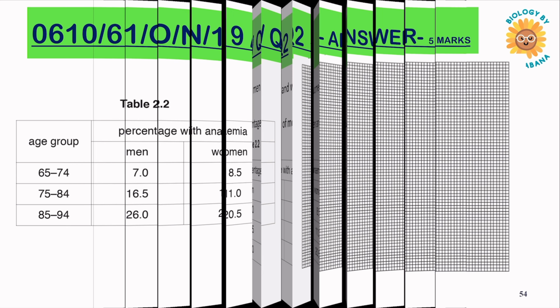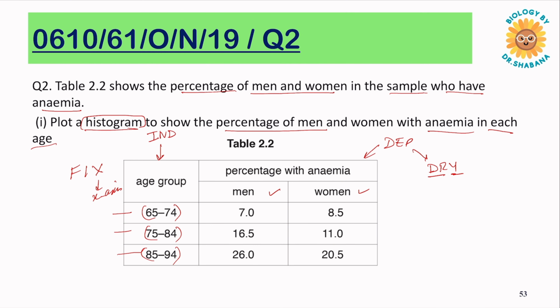So men and women, and we have a certain number of these. You can't write a percentage here, so it is understood that there's a percentage there. Age group, I think this was given in the paper, but it should have been given as years here.